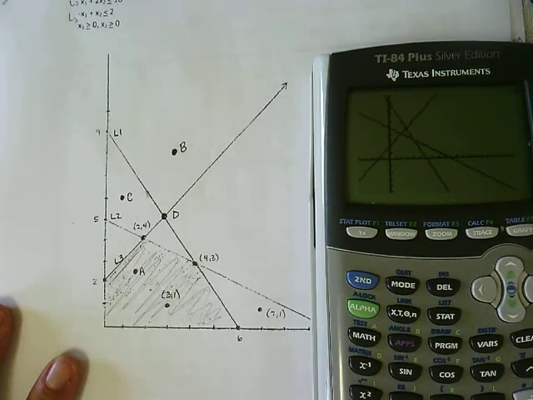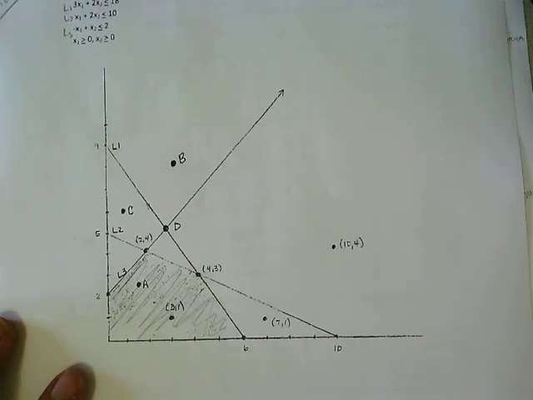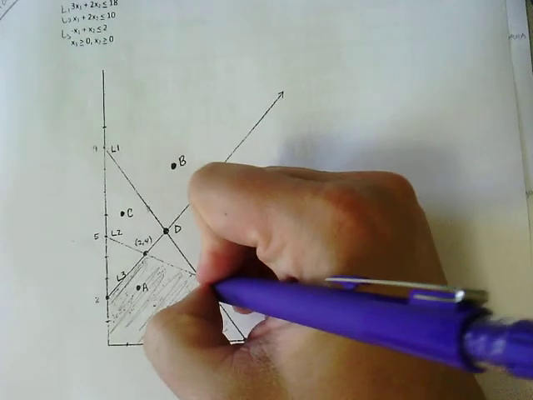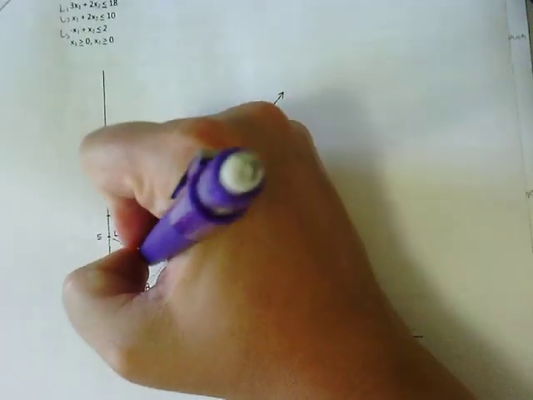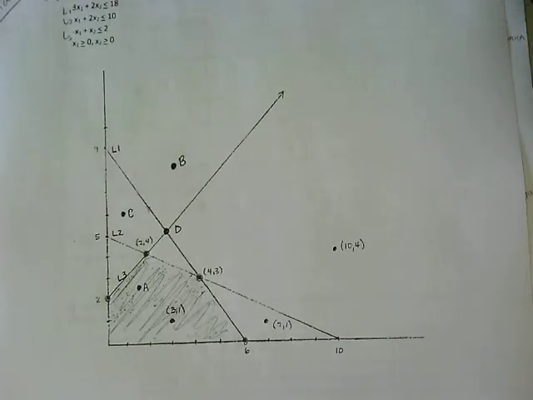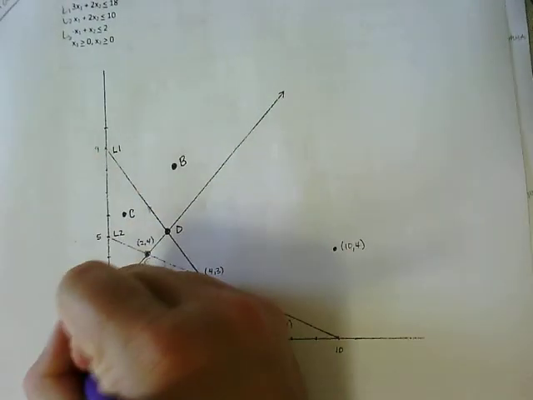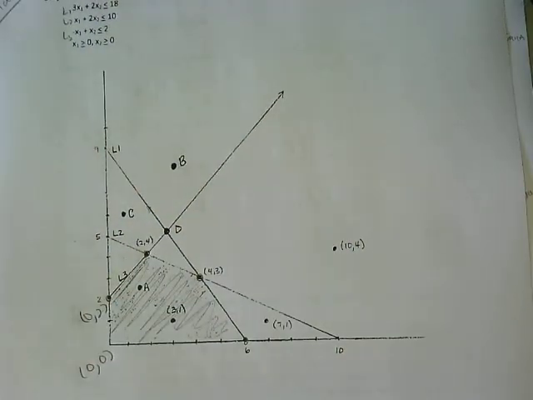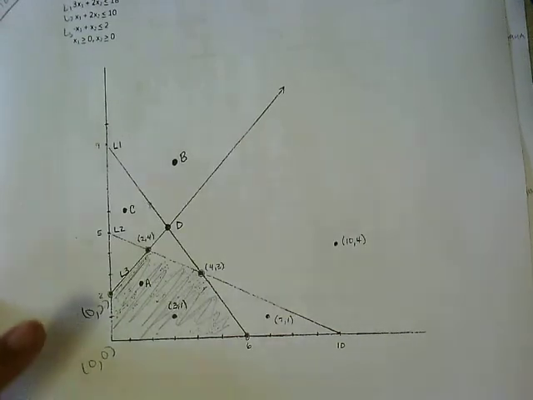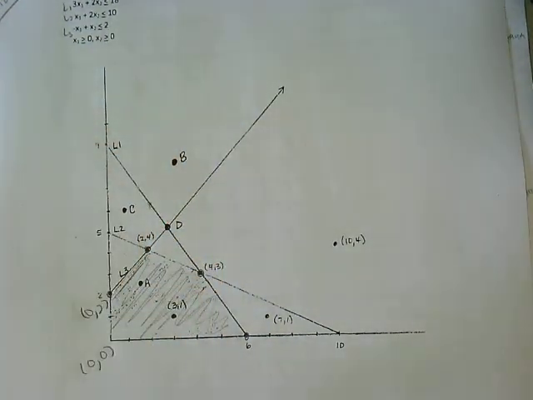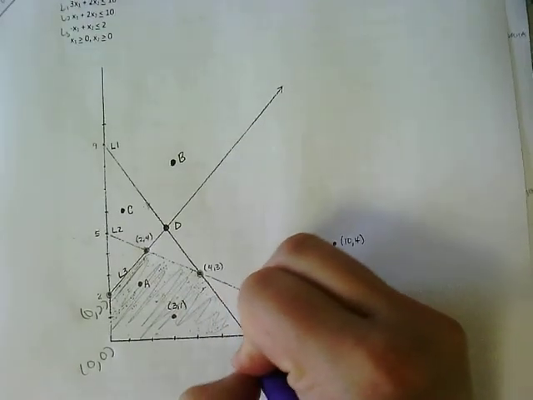Okay, now what you guys do with this, when I'm trying to solve with the graph, as you guys have learned, is I find all the corner points of my region that is feasible. So all of them are now labeled out. I have (0, 0), (0, 2), (2, 4), (4, 3), and then I've got (6, 0).